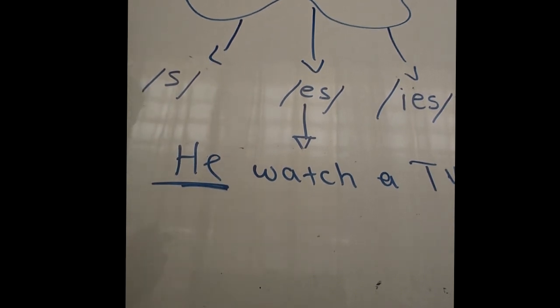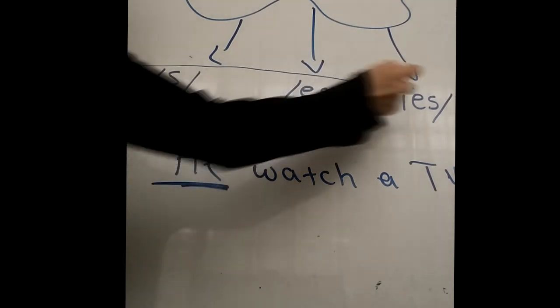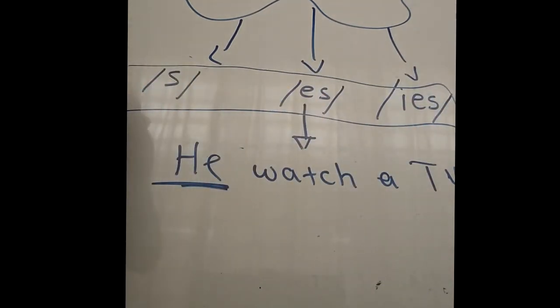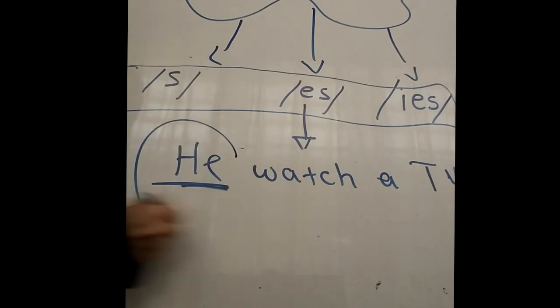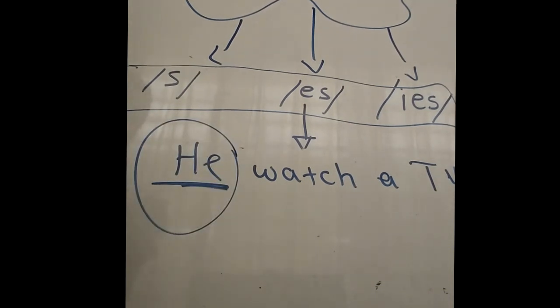Why? Because these changes are only used with singular subjects. You need to look at the subject. If the subject is singular, then do the changes. But if the subject is plural, do not do any changes. This sentence is singular because we have he.